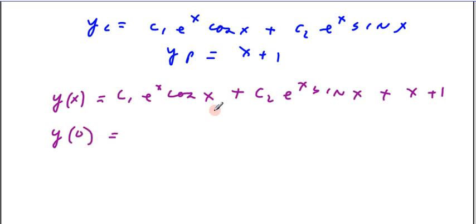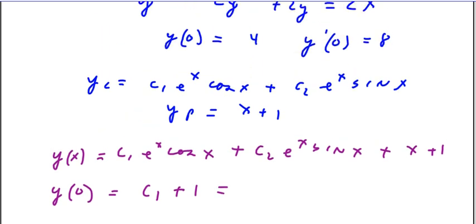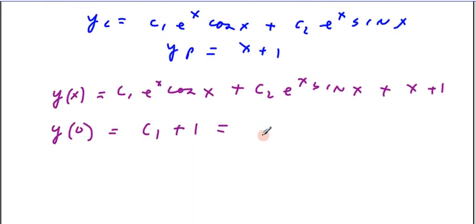Okay, cosine of 0 is 1, so that's going to be C1, plus 1 is going to equal 4. Clearly implying that C1 is equal to 3. Okay, well, that's good.